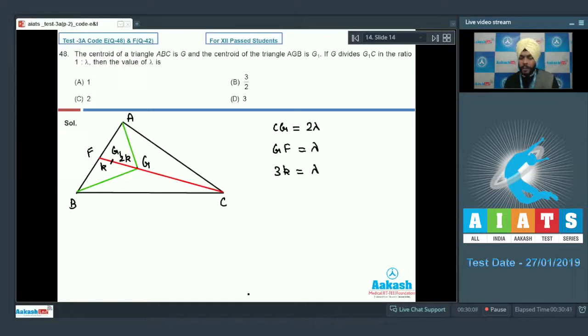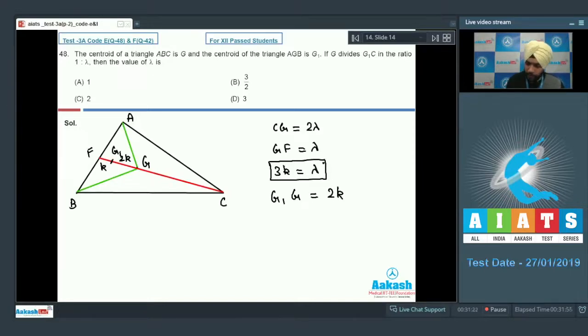Now I need the ratio G divides G1C in the ratio 1 is to lambda. So this is the relation relating lambda and K. I have assumed two constants in this particular equation. Now I need the ratio in which G divides the join of G1C. So what is G1G? G1G is 2K. Simple.